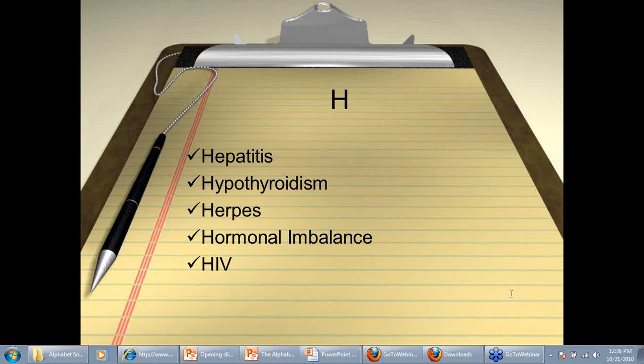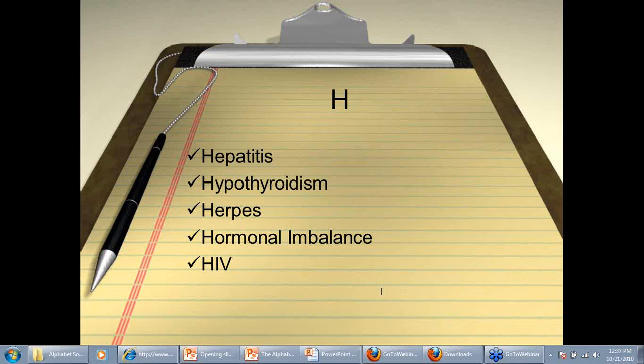Next on the list is herpetic viruses, herpes. As you all know, in 1985, when this illness was first described in our generation, I should say, the first thought on what the cause for this illness was, was Epstein-Barr virus, or mono.